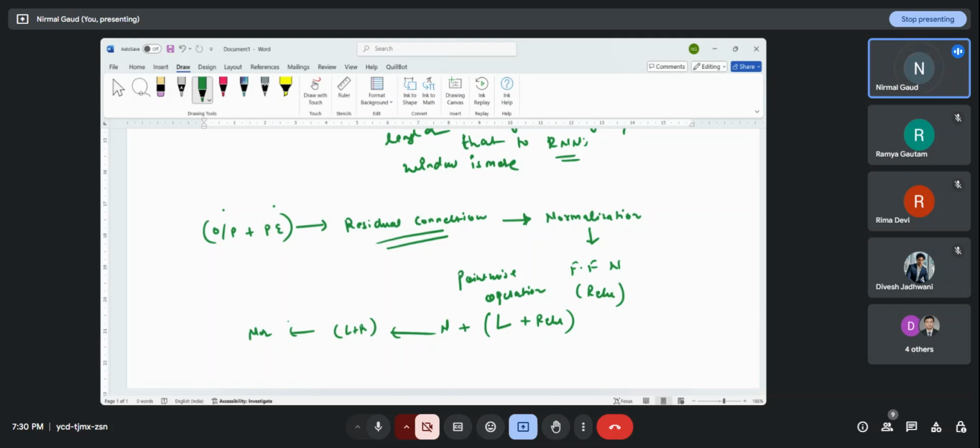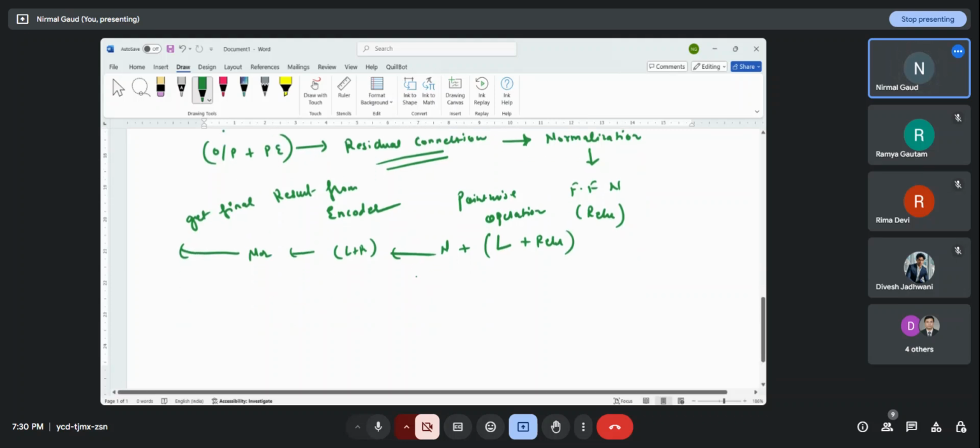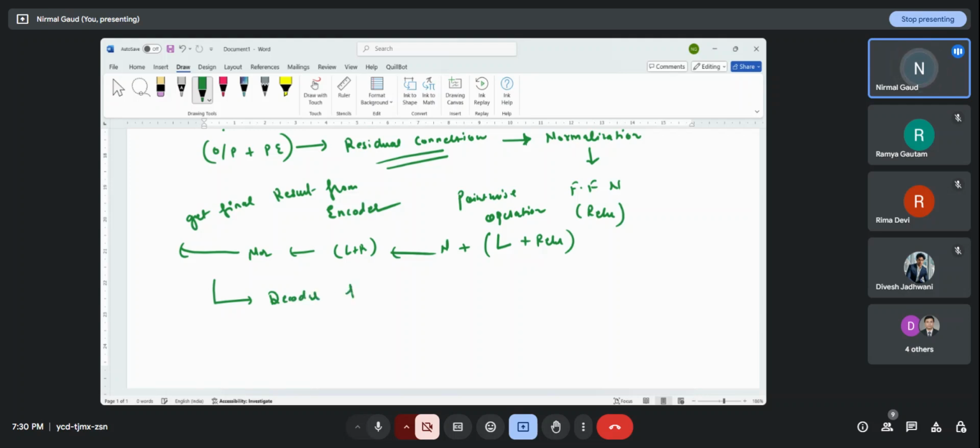Okay, fine. From here, we are going to get the final result from the encoder, which will be given next to the decoder, another component for text generation.